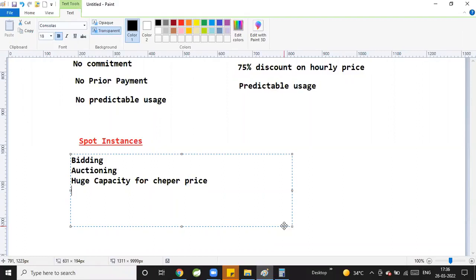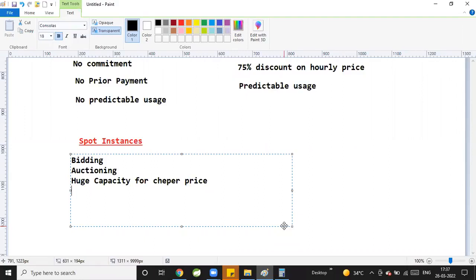Dhoni's bat, Sachin Tendulkar's bat, Kohli's bike they are selling in the auction. That means costly items they are selling for cheap prices. That is called a spot instance.